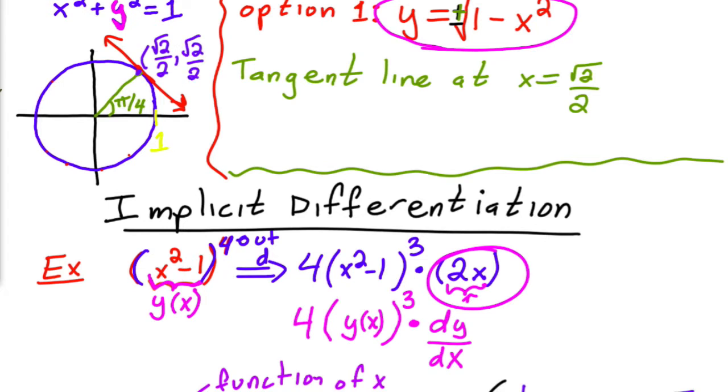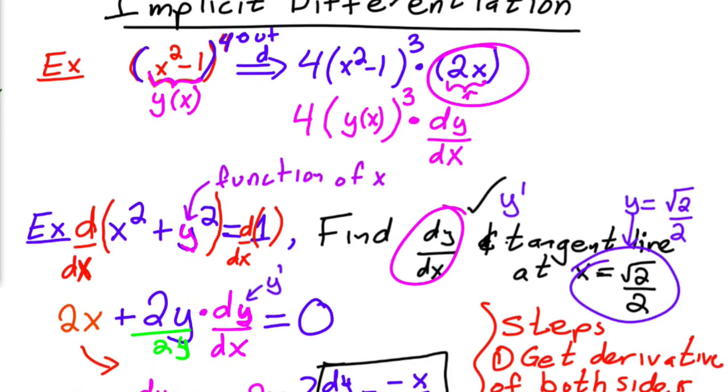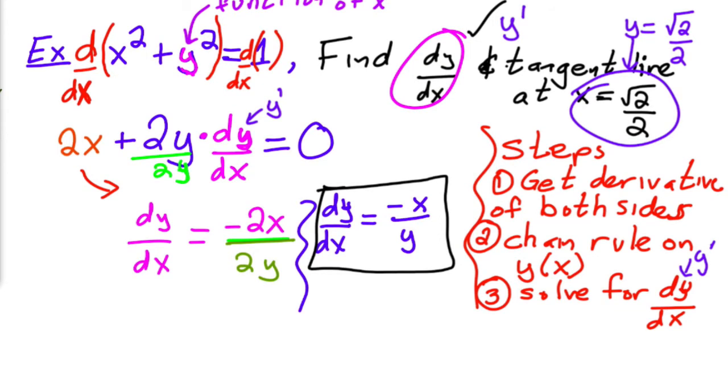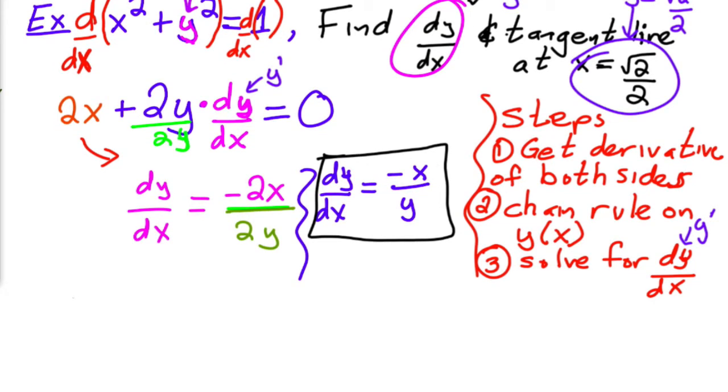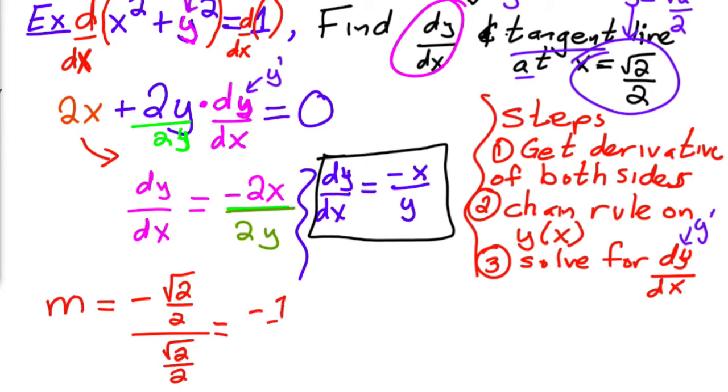It's important to be given both the x and the y value, because it's not a function, and this happens almost every time in these problems, there's more than one y value for every x value. So we're specifying that it's positive root 2 over 2. So the slope is equal to negative x, which is root 2 over 2, over y, which is root 2 over 2, and that's equal to negative 1.